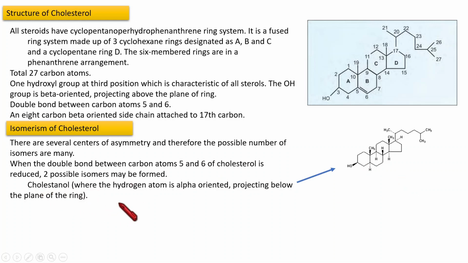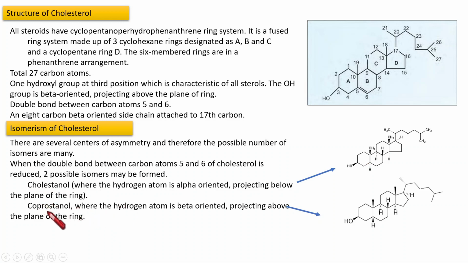So that is cholestanol. The other isomeric form is called coprostanol. Here, that hydrogen bond is oriented above the plane of the ring. That is why it is denoted with a solid line. So we can understand that the orientation of that bond is different, and that gives rise to two isomers. And where are these isomers forming in our body?